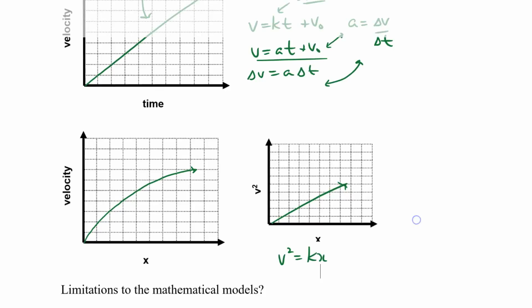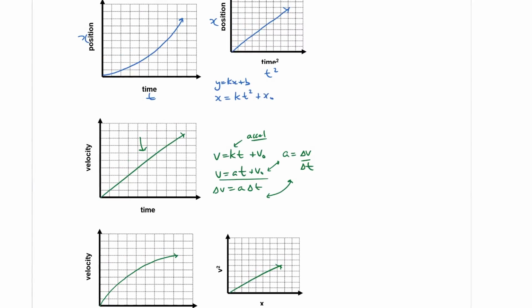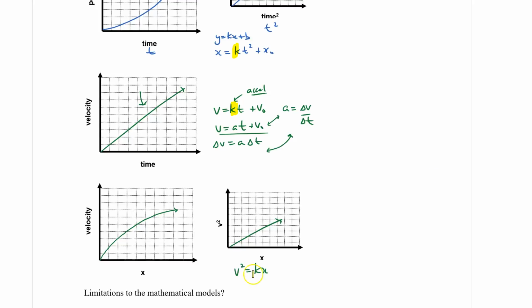Now when we compared all of these, this slope here and this slope here and this slope here weren't the same. What we found out was the k value for this one was half of the k value which we said was acceleration. So this one was half the acceleration.